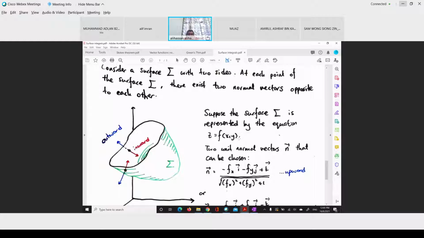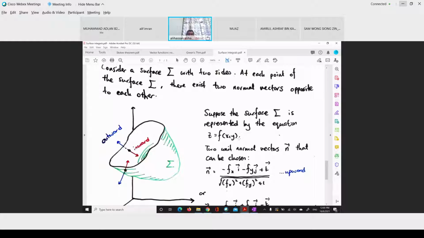Now we understand the orientation of the surface sigma and the normal vector n. This is the surface integral here, but we also have this curl f coming in.